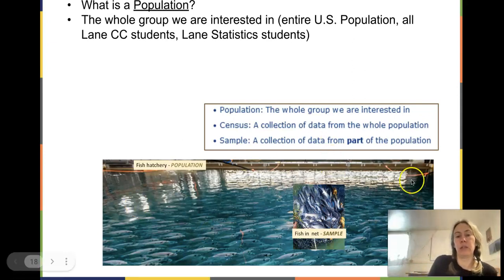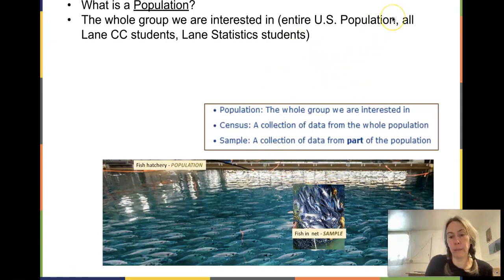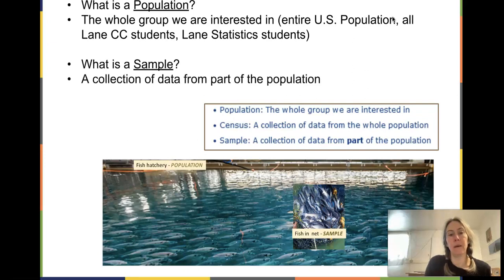So we might be interested in all of the fish in the sea, and if we could know everything about all of them, then that would be a census. But a sample is when we study a subset of the whole just because it's more manageable. So sample is part of the population, population is everything.